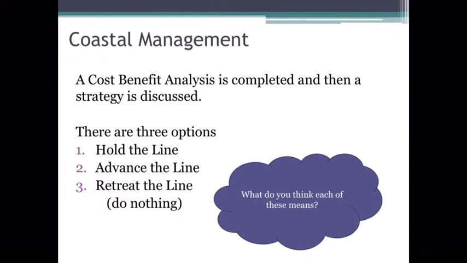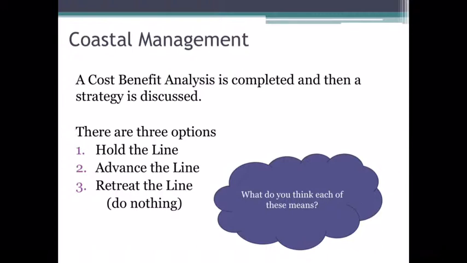So who's going to lose out, against what are the benefits that are derived from actually protecting that coastline? They literally put together a pros and cons list. On one side they say, what are the economic pros of protecting an area, and what are the economic cons of not protecting it. And then they put a balance together and work out whether they can afford to protect the coastline.